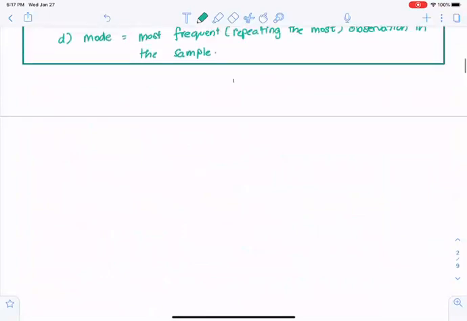Mind you that finding the median and the mean for small data sets is very easy. But as the data set increases, in other words, if the sample size gets bigger and bigger, you have way too many observations and it's just not feasible to do it manually.